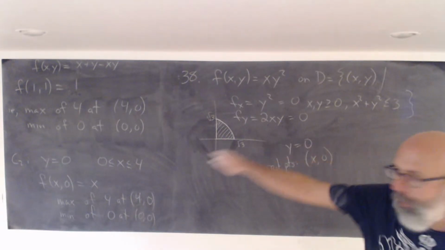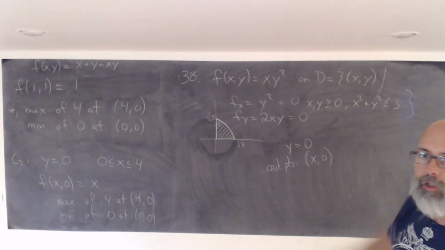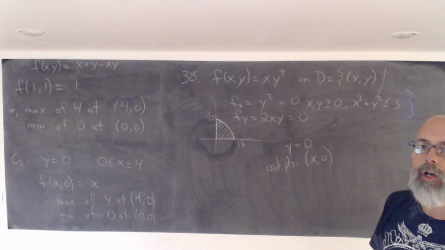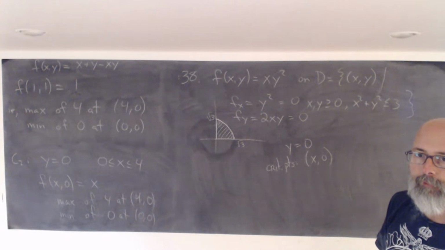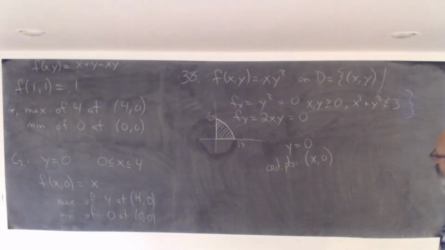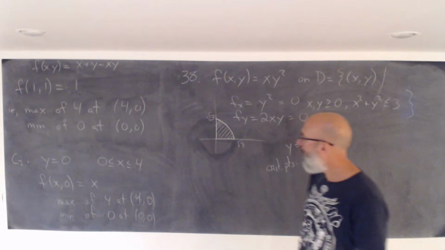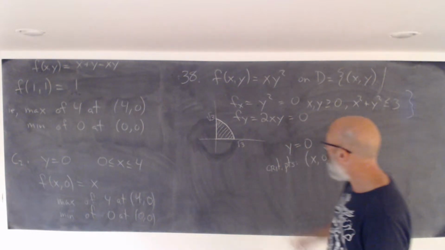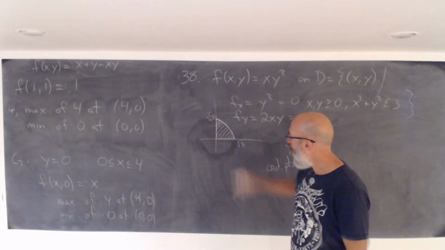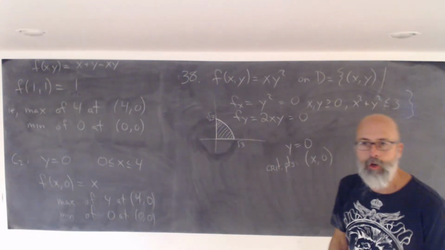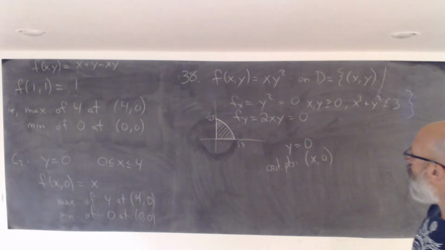So the whole entire x-axis is a critical point. All right. And that actually turns out to be one of our boundary curves anyways. So that's good.